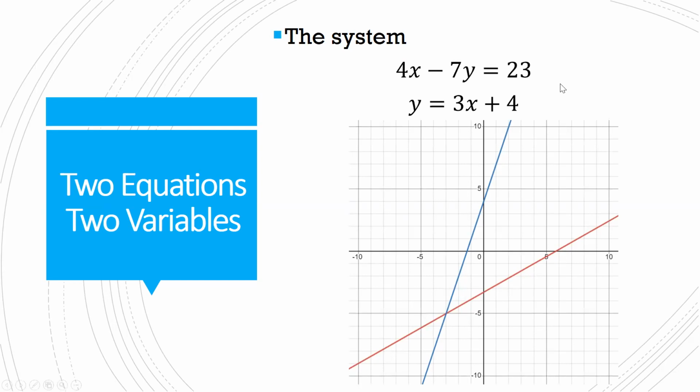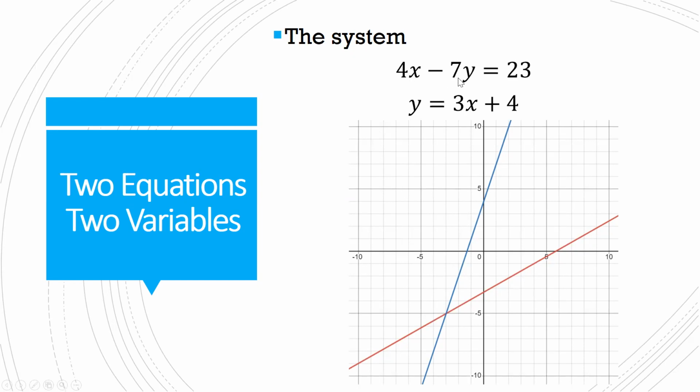Now, the reason that there was only one solution is because if you think about these linear equations graphically, all of the solutions to each one of these linear equations can be graphed as a straight line on a Cartesian coordinate plane.